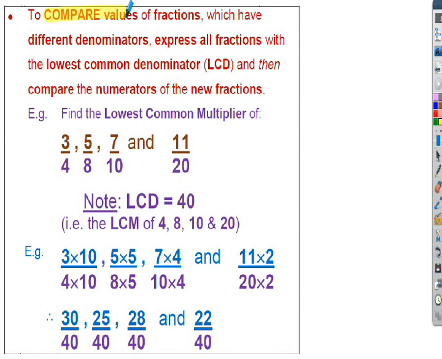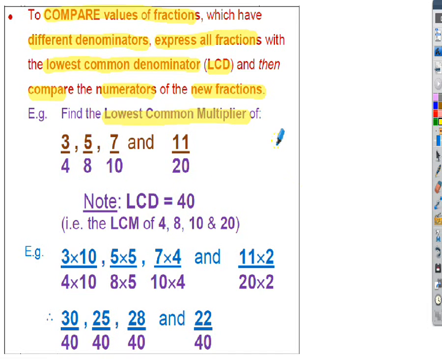If we want to compare values of fractions which have different denominators, we need to express all the fractions in the lowest common denominator, LCD. And then we can compare the numerators of the fractions to see which is the smallest, which is the largest fraction. So from the previous slide, we found the lowest common multiple of the numbers 4, 8, 10 and 20.